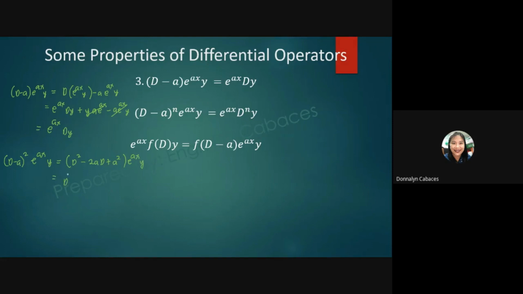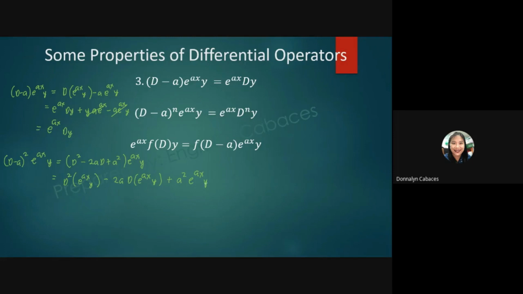So you have the second derivative of e to the ax y, minus 2a, the derivative of e to the ax y, plus a squared e to the ax y.